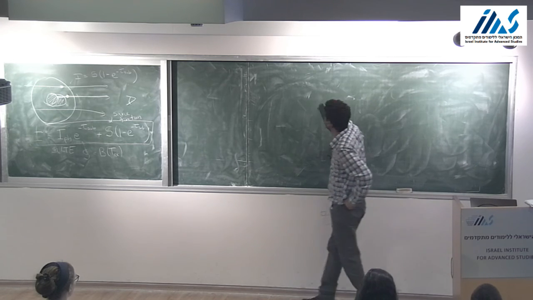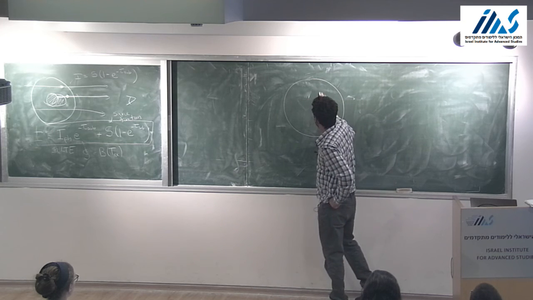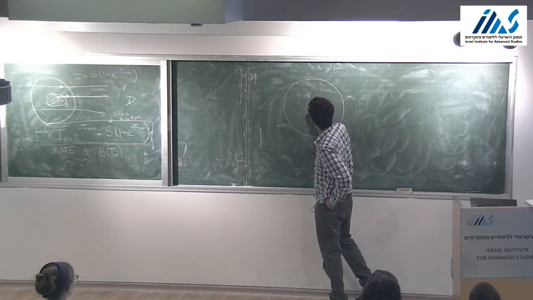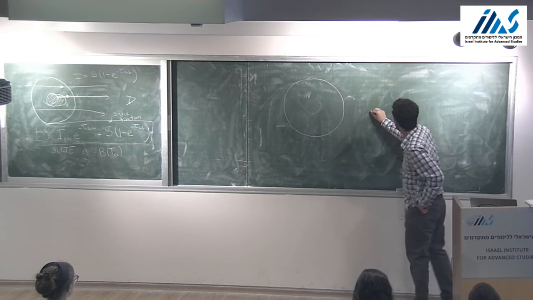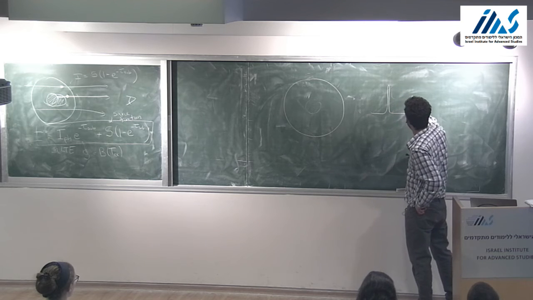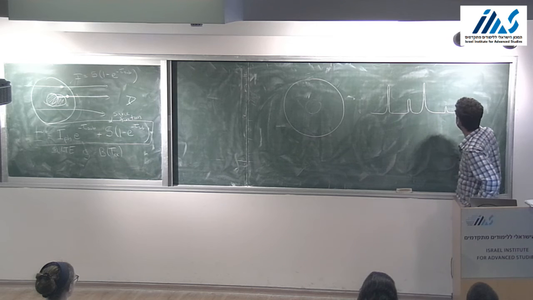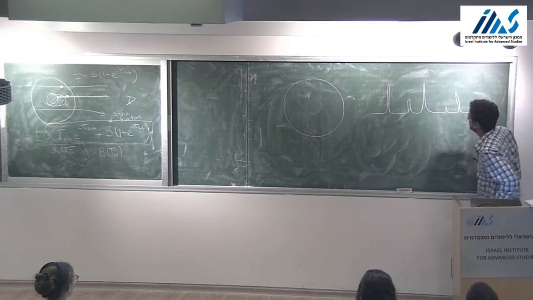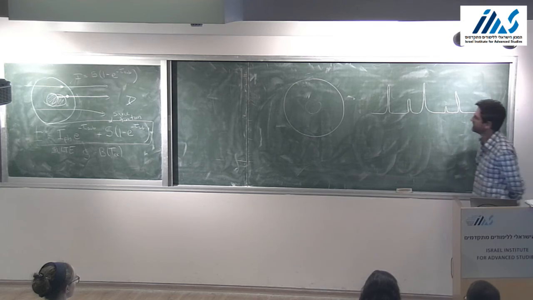And so the physics I described before is just as relevant here. Now let's say I have some opacity. Let's not think just about one line. Maybe I have lots of lines that are populating my spectrum.